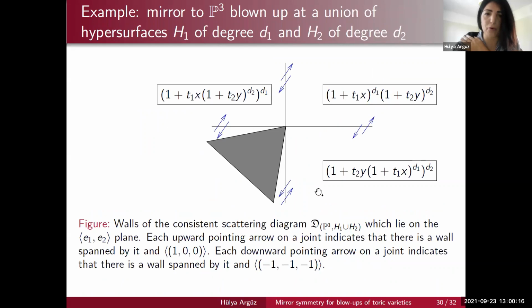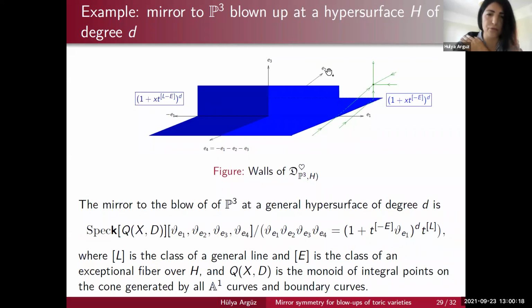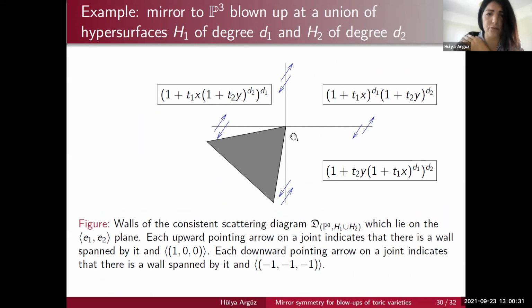And if you blow up not only one hypersurface, but more hypersurfaces, if you take another hypersurface on this side, then things will interact and there will be a lot of wall crossing, which is difficult to keep track of. But I observed that all this wall crossing doesn't really affect your ability to write the equation of the mirror.